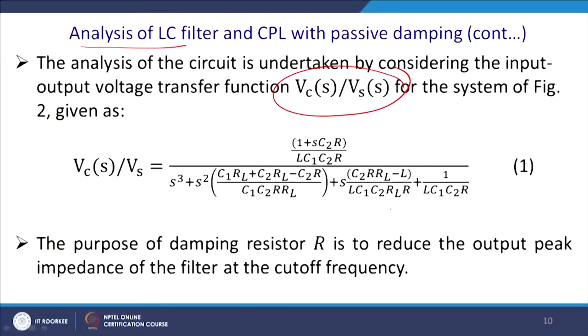You can see that it is a third order, but you can reduce it to second order by the dominant pole method. So, you have an overall transfer function like this, and the purpose of this damping resistor R here is to reduce the output peak impedance of the filter at the cutoff frequency. So, thus it will be flattened, and overshoot will be reduced.